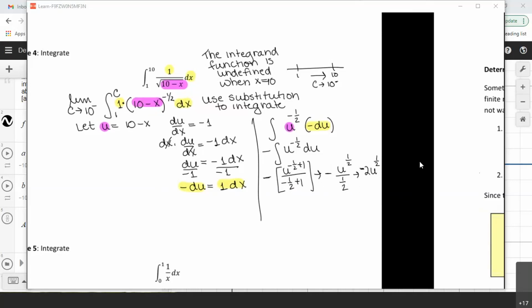Let me put in my x bounds again. So that's minus 2 times 10 minus x to the 1/2.